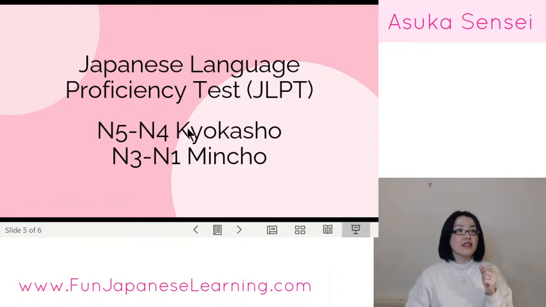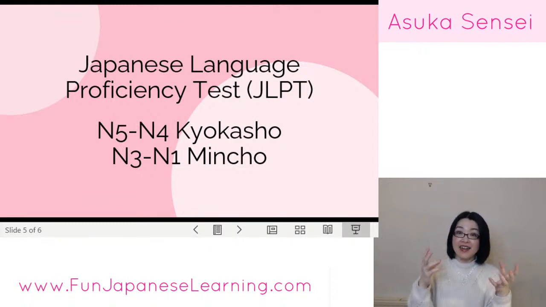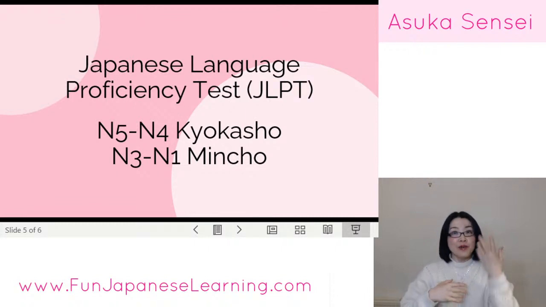Okay, and then the upper levels, intermediate and advanced, N3, N2, and N1, use Mincho fonts, because at that level we expect learners to already have acquired the correct shape of each letter and character, so they can practice reading more than writing.